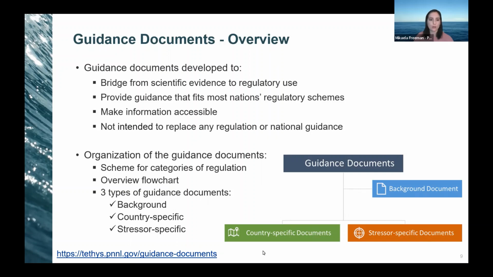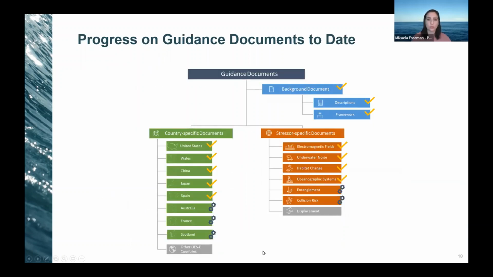So I'm going to walk through starting with a little bit of progress on where we are to date. So this is kind of how the scheme of the guidance documents are together and where we're at. We've completed the background document up at the top right, shown by the yellow check marks are any documents we've completed so far.